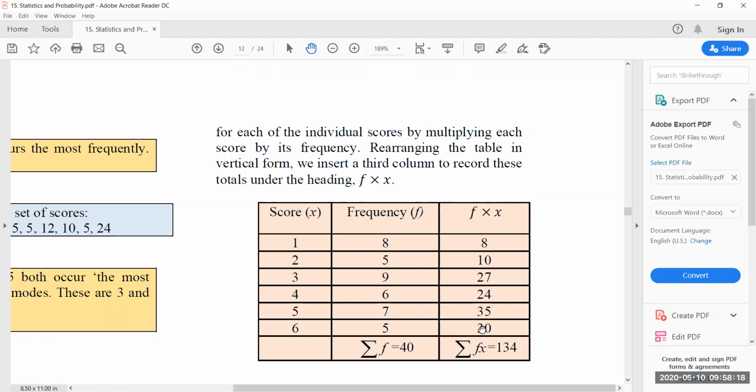You divide how much you add up by how many. No, tell me the actual values.